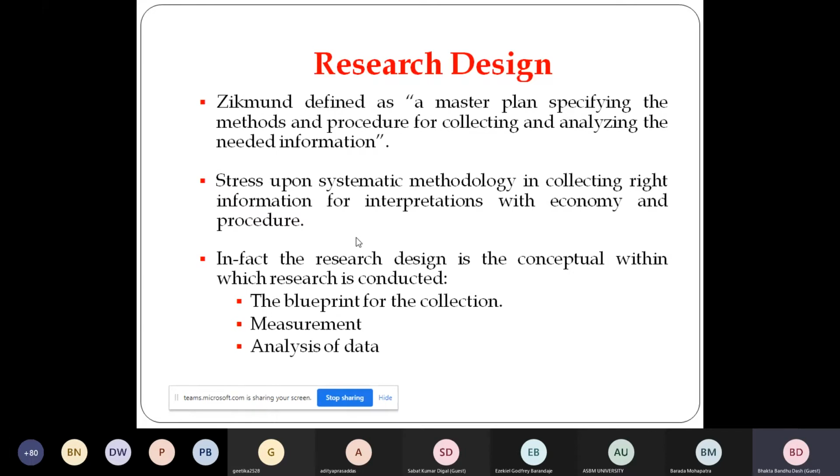That's what I told you. But it always stresses a systematic approach. So ultimately it's a blueprint. It's a process of measurement and a process of analysis.